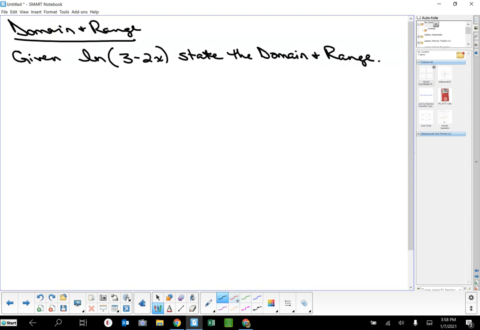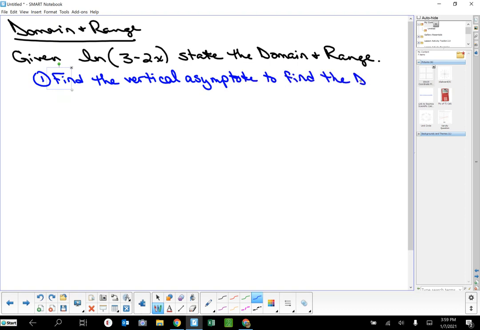Okay, so here's what you're going to do first. You need to find the vertical asymptote to find the domain. And how you're going to do that, you're going to set the x plus c equal to 0.